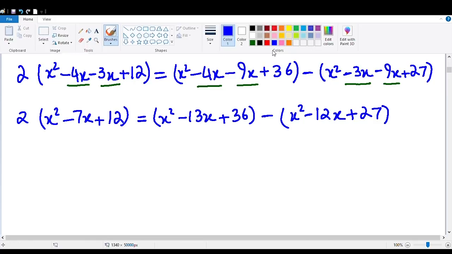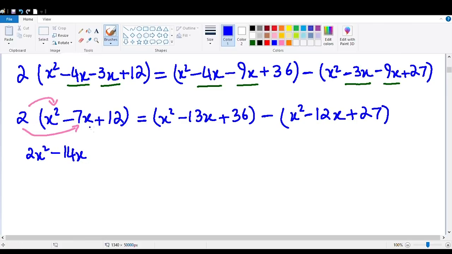Now we're going to multiply 2 over here on the left hand side. We're going to multiply 2 with x squared, we'll get 2x squared. Multiply 2 with minus 7x, and we'll get minus 14x, as the sign is minus over here, and that's plus, so plus minus is minus.